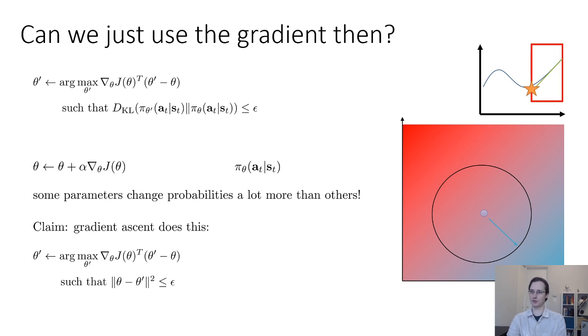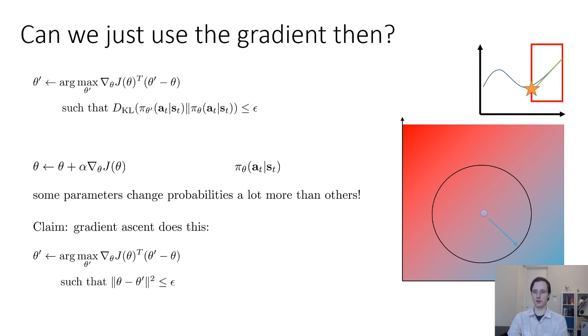So all the points that are epsilon away from the dot in the center all satisfy that constraint. So because your objective is linear and your constraint is a circle, then the solution will always lie on the surface of that circle in the direction of the objective, so in the direction of grad J theta. So that means that when you do gradient ascent, you will take a step in the direction grad J theta, and the length of that step will be determined by epsilon.